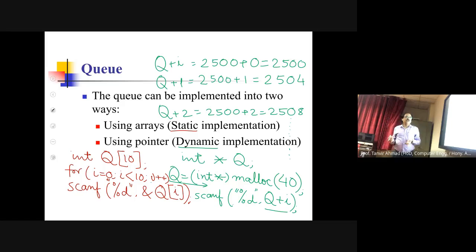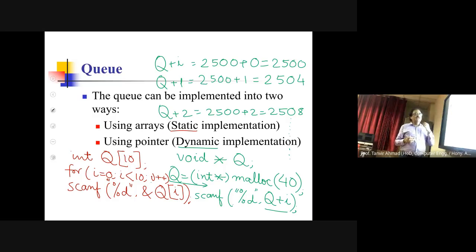Therefore, when you use Q as a void pointer, I have to know what is there. Here, instead of writing this, I can also use a void pointer. Though it will not be wrong, you can use it like this also.